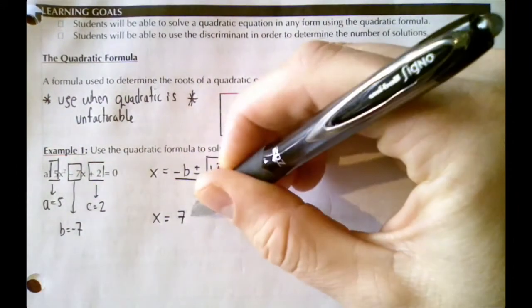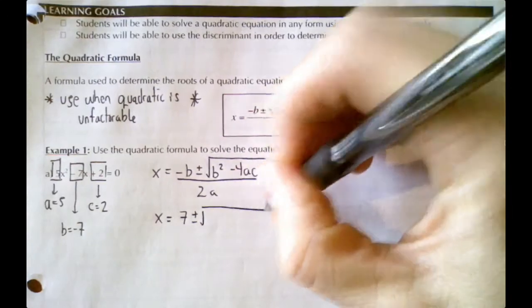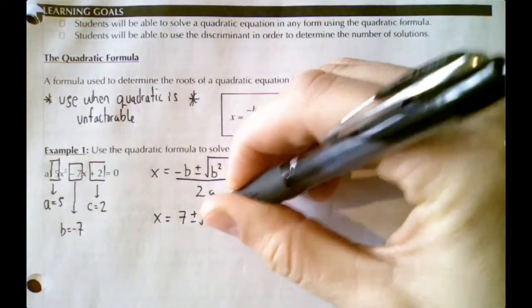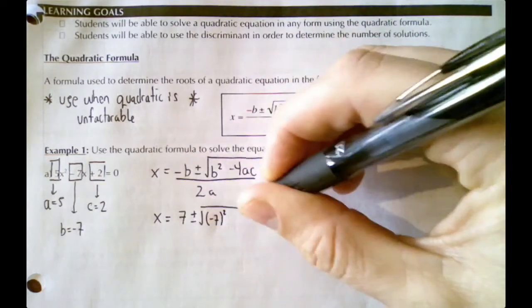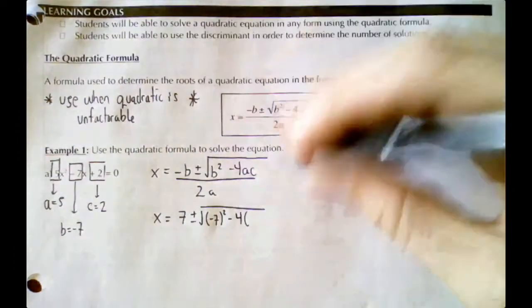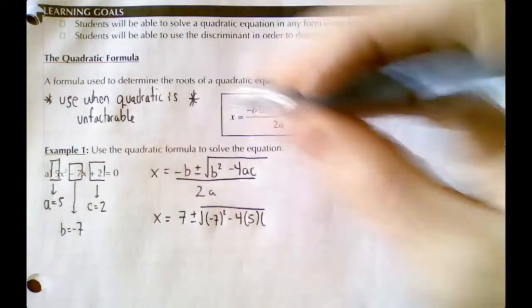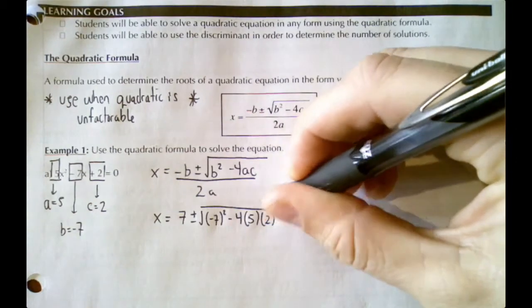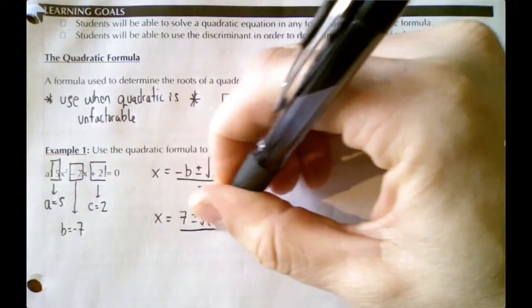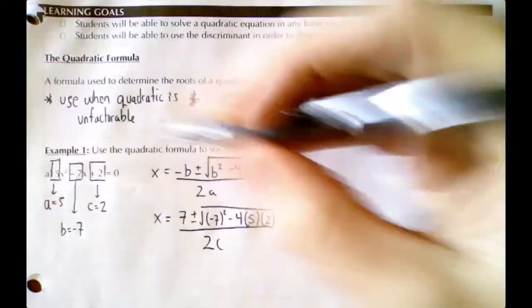So we just have 7 plus or minus the square root. And b squared would be negative 7 squared. So I'm just going to write that, negative 7 squared minus 4 times a, which is 5, times c, which is 2, divided by 2 times a, which is 5.